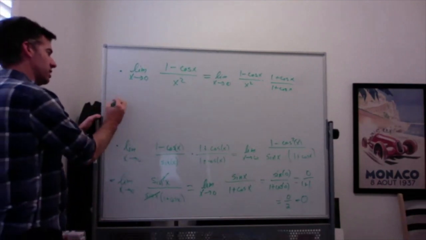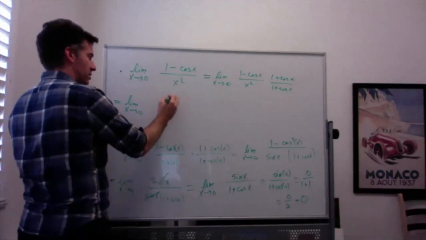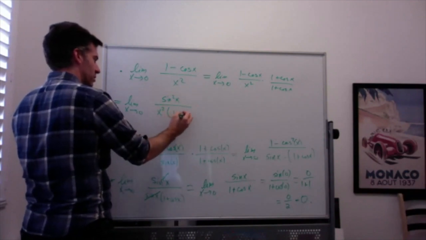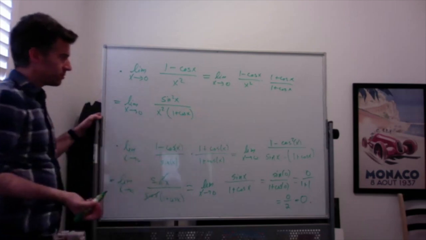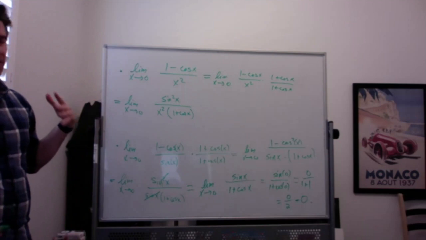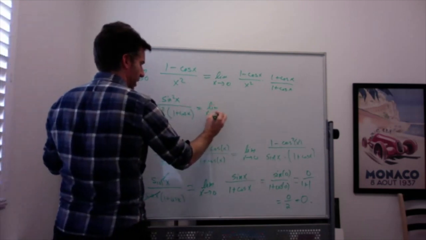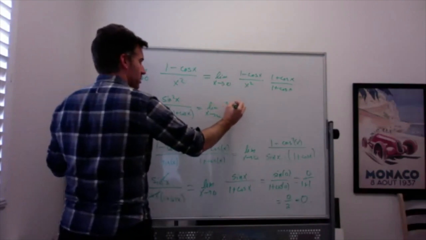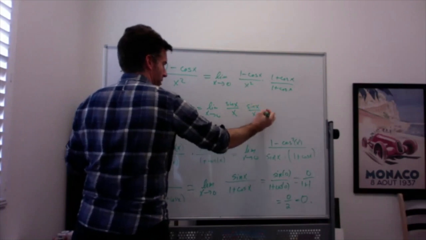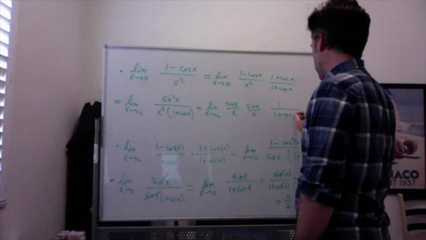So let's cut to the chase. This is the limit as x goes to 0 of sine squared x over x squared times 1 plus cosine x. And now here's how I'm going to write this. I could write it as sine squared over x squared, but I feel like that's not quite explicit enough for me to see that what I've really got here is a sine x over x, another sine x over x, and then a 1 over 1 plus cosine of x.